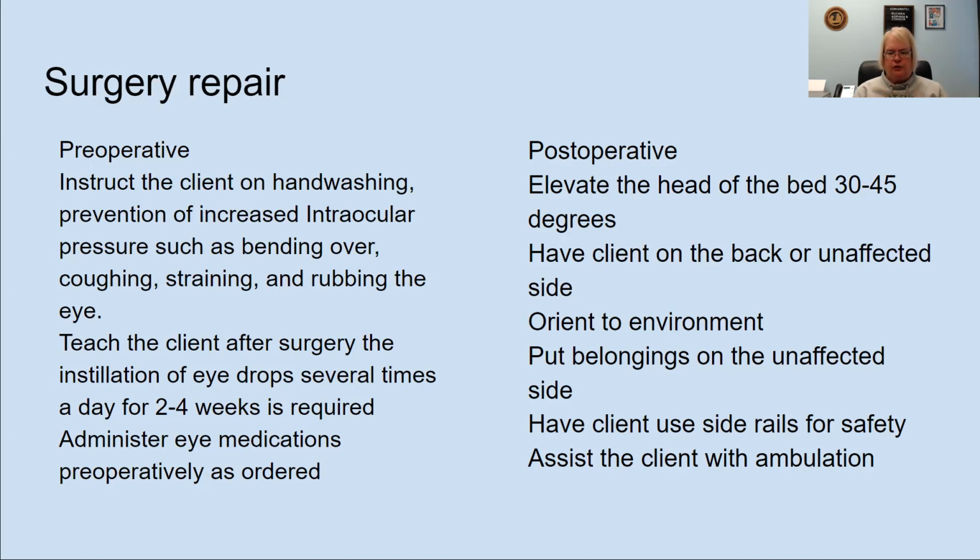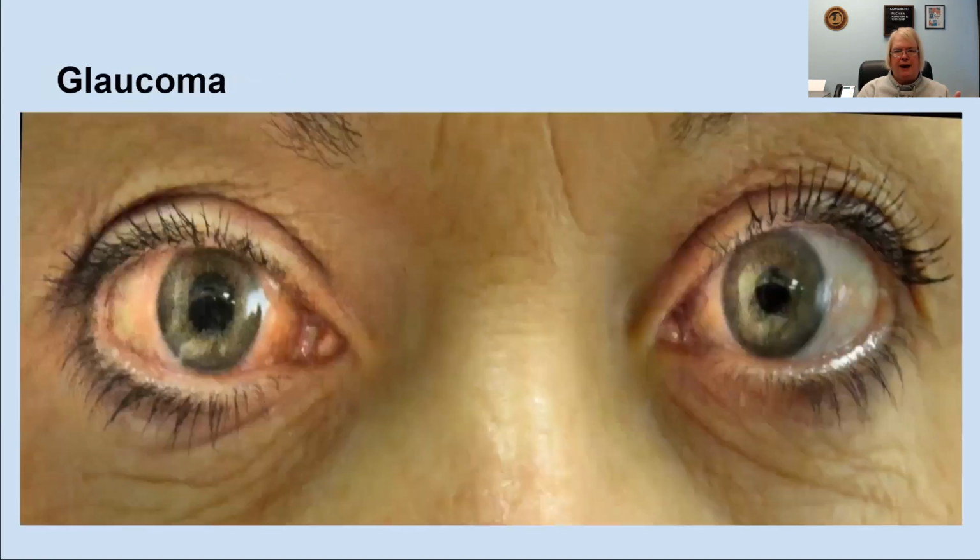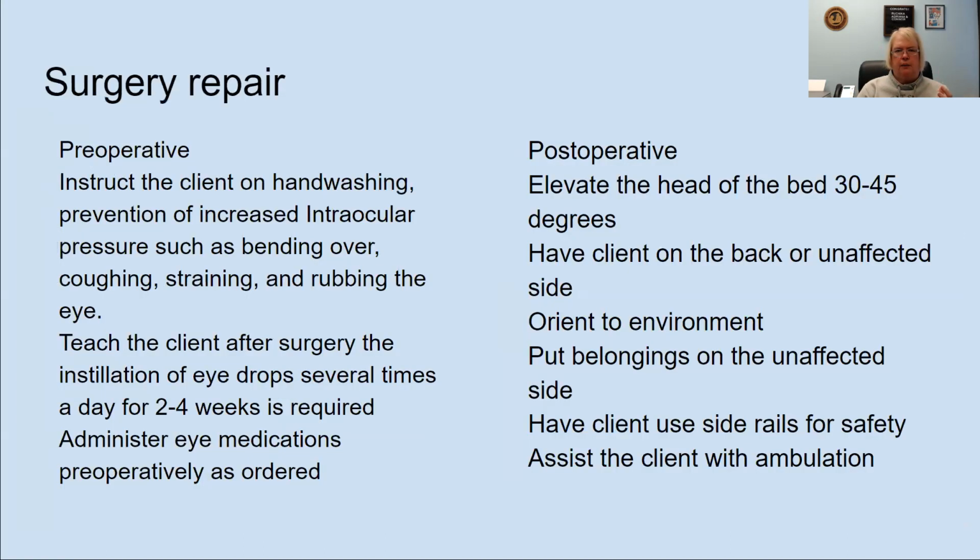And of course, we're going to also help with putting in the eye drops. They will be wearing a patch. They wear a patch at night, and that's on the affected side.